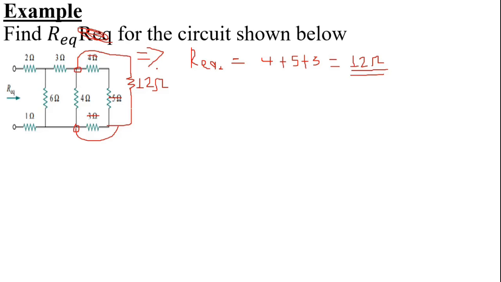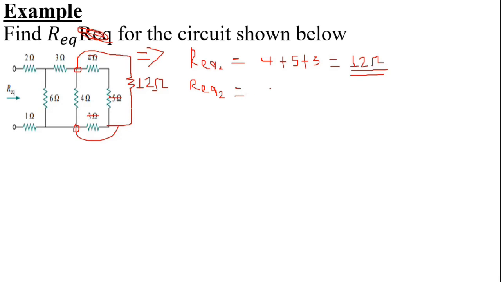These are equivalent to 1, and these two are connected in parallel. So we can find the equivalent resistance for these resistors just by dividing their product by their sum.